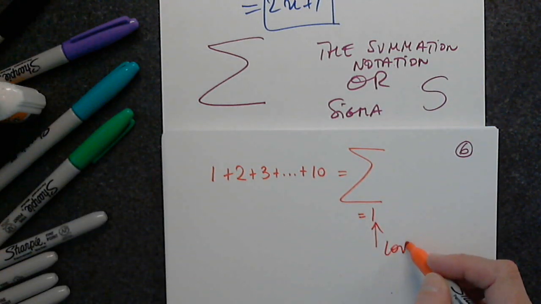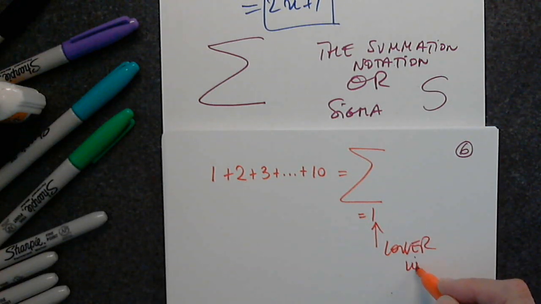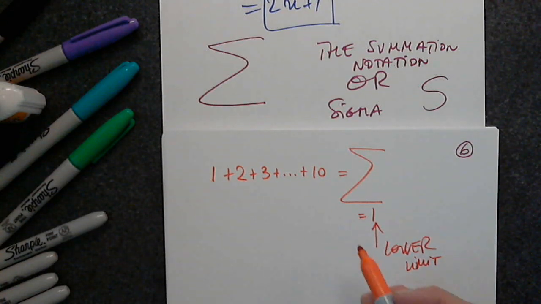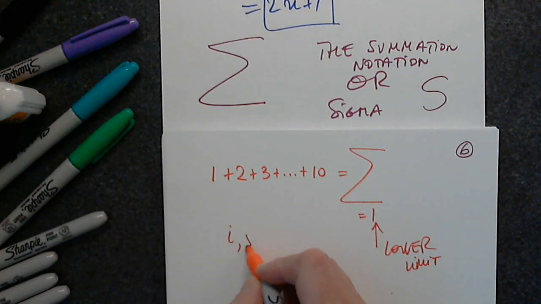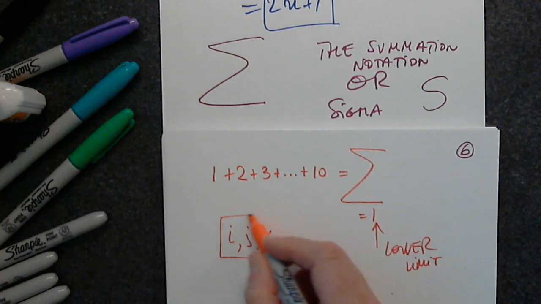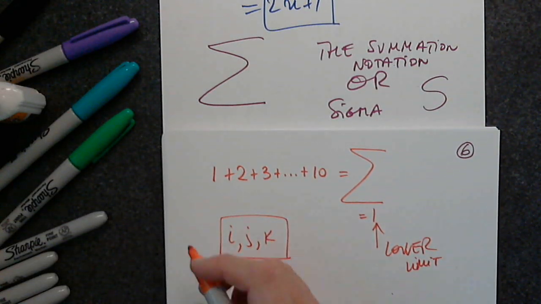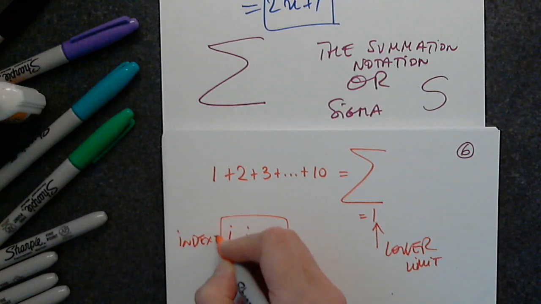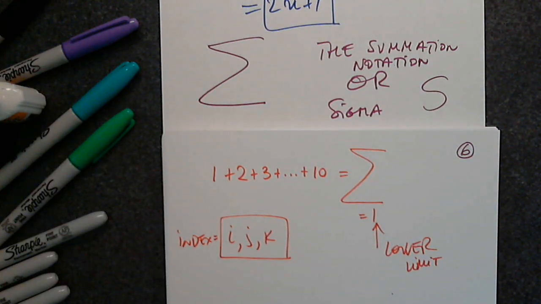This is the lower limit. So we normally use indexes: I, J, or K. You can use any index you like, but these are the usual indices, I, J, or K.